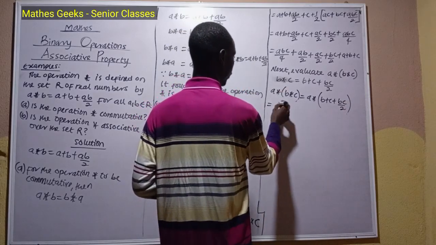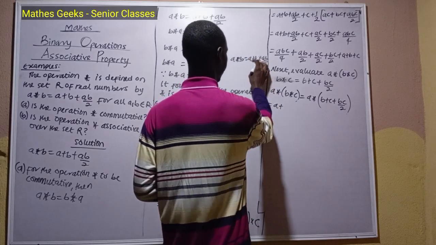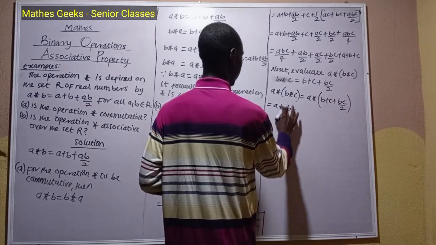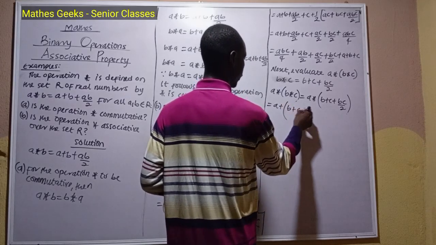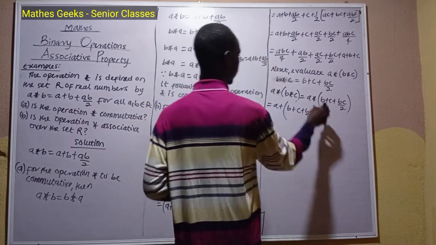So this is equal to A star BC. From our equation, A comes first. A plus B here is B star C, which is B plus C plus BC over 2, and then plus.